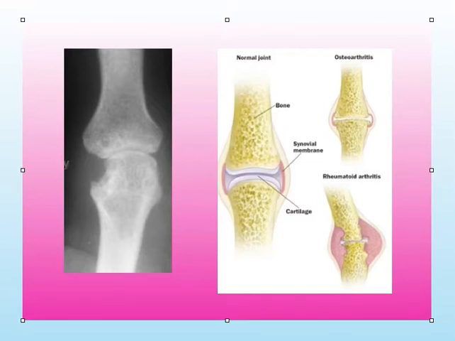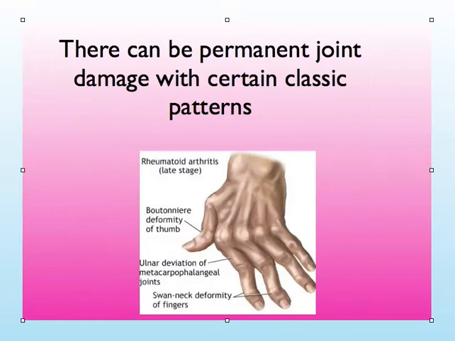There is loss of the white cartilage surface that provides the shock absorber and has a lubricated surface to allow our joints, and that can be considerably or totally destroyed, and there can be looseness of the tissue holding the joint together, leading to joint deformities.